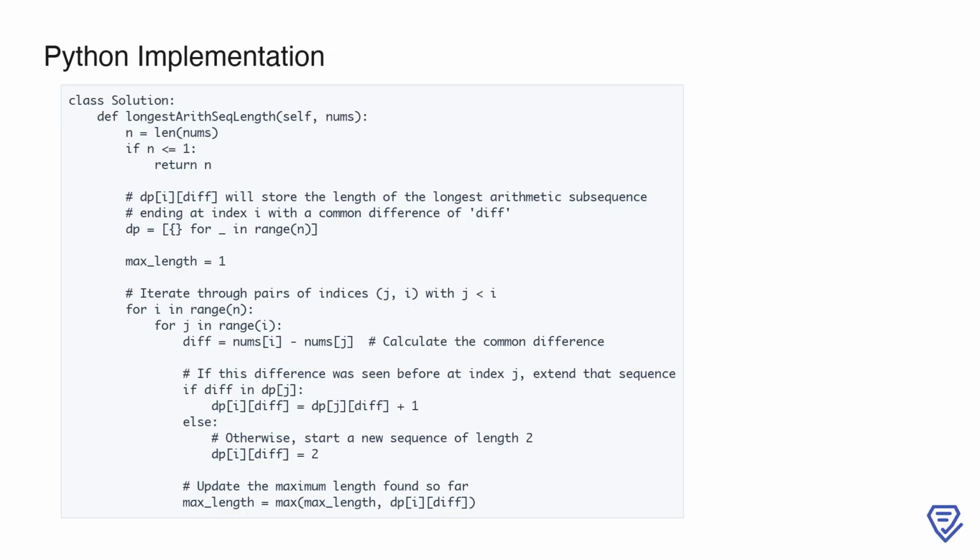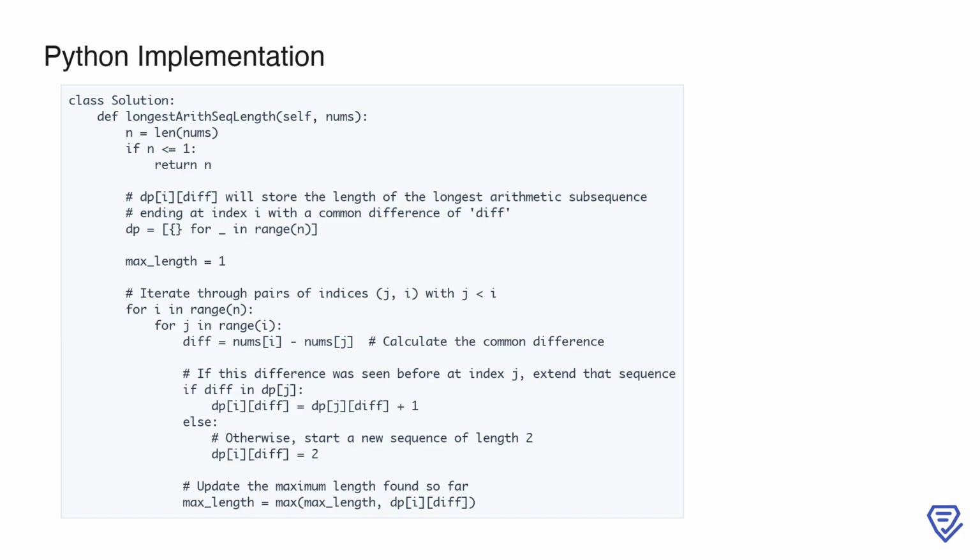Next, we initialize a list called dp, where each element is an empty dictionary. This structure will allow us to store the lengths of arithmetic subsequences ending at each index, with keys representing the common differences of these subsequences. We also initialize a variable max_length to 1, which will keep track of the longest subsequence we've found so far.